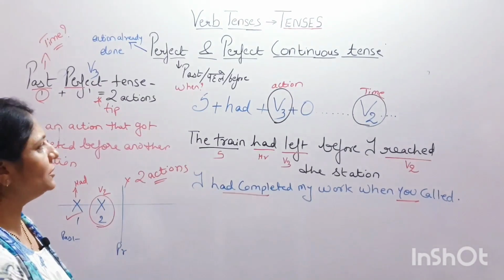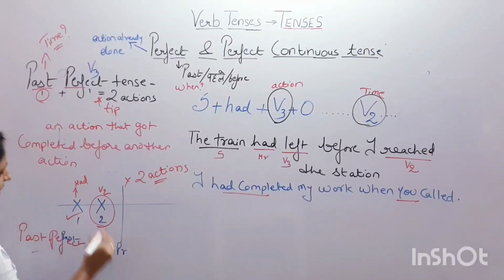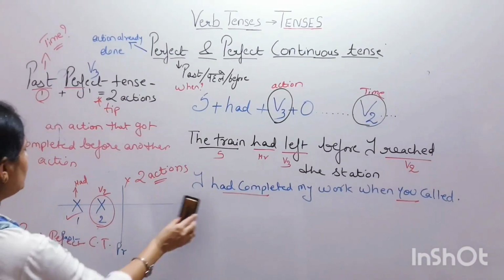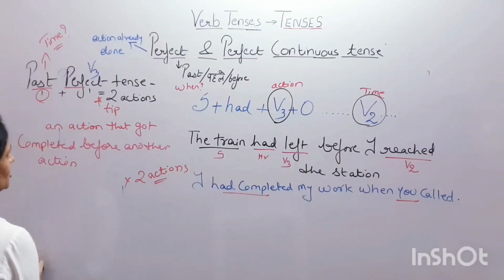To continue with this, we will talk about now past perfect continuous tense. अब यहाँ भी वही condition. Again I'll explain the same thing by means of a diagram.